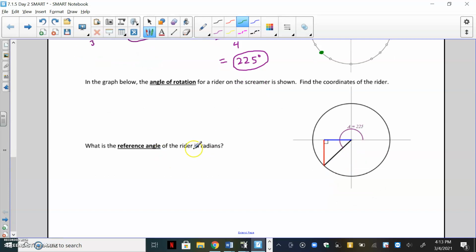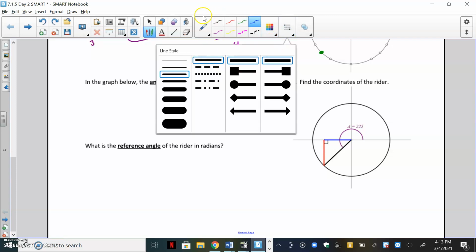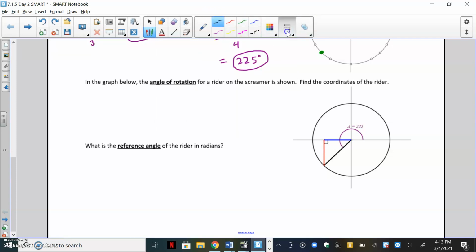Next up is some coordinates. This is a very base level coordinate problem, and you have to remember that the coordinates we're going to be asking for are just x and y values, pretty much. A coordinate is typically on a graph x comma y, and what that means is x is the horizontal distance and y is a height.